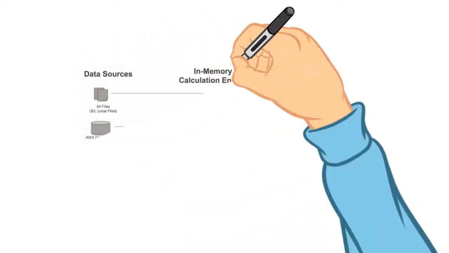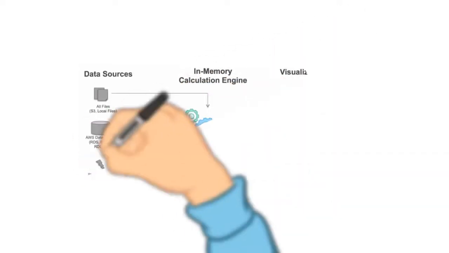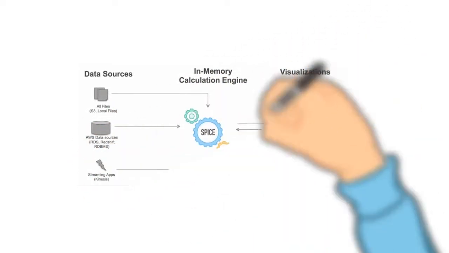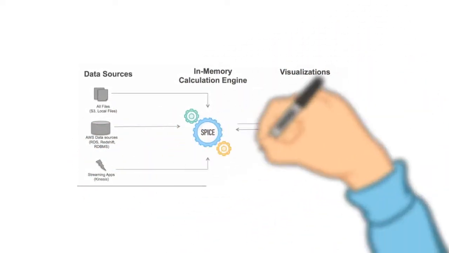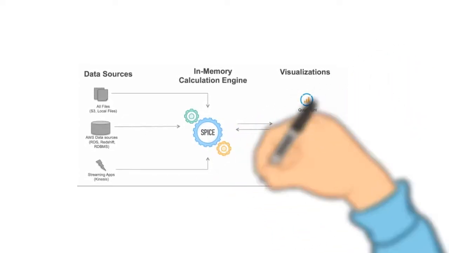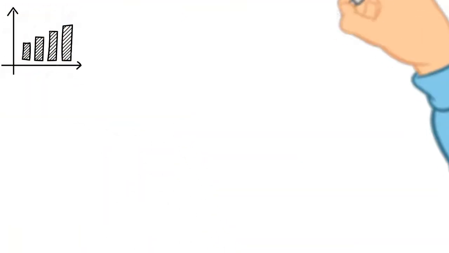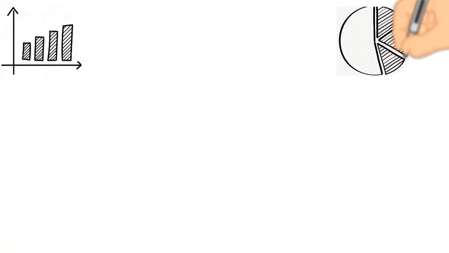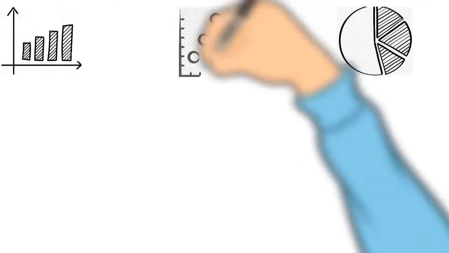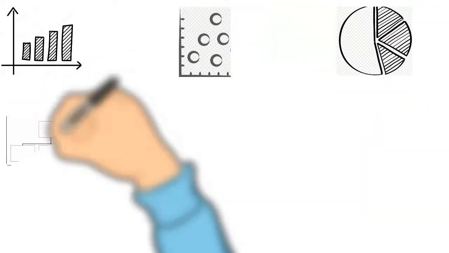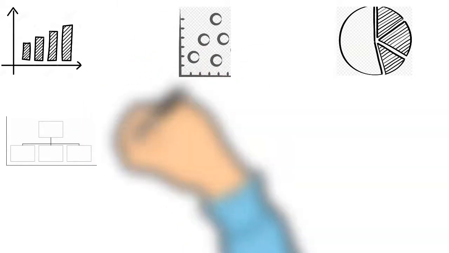Now that the data has been processed in SPICE, then comes your visual analysis part. You can plot your measures and dimensions in visuals, and the visual plots come in various shapes and forms. These include bar charts, pie charts, scatter plots, tree maps, word clouds, geospatial charts, and many more. Amazing, isn't it?